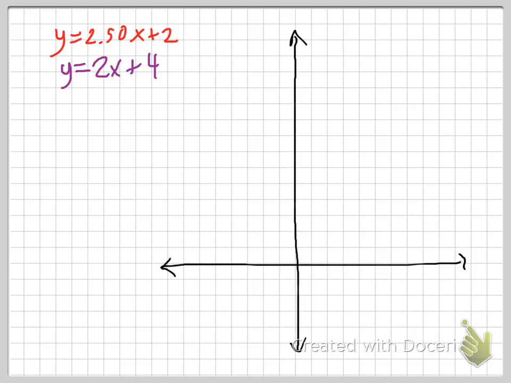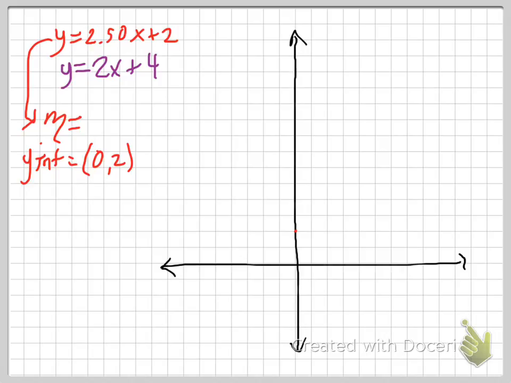Okay, so I'm going to graph Damon's. They're in slope-intercept form, so I'm just going to use slope-intercept. The y-intercept is 2, and the slope is 250. The y-intercept we said was (0, 2). The slope of 250 is 2.5, and that just doesn't make sense.